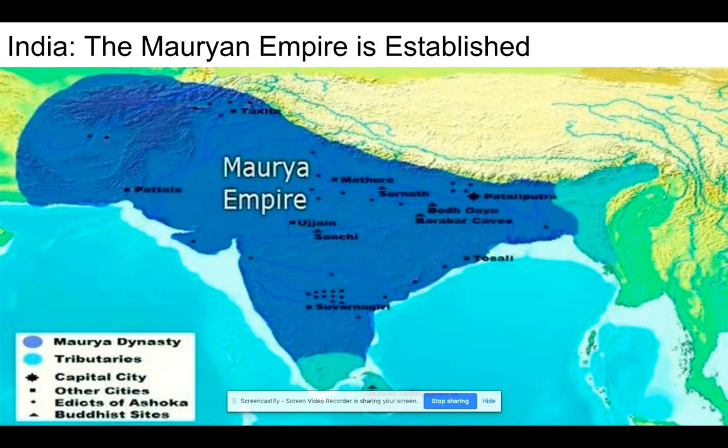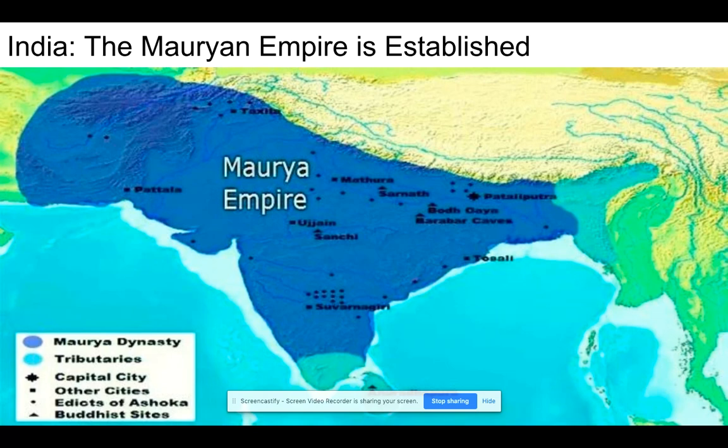Chandragupta relied on an advisor named Kautilya, a member of the priestly caste. Kautilya wrote a ruler's handbook called the Arthashastra. I may be mispronouncing that. It's Arthasastra.